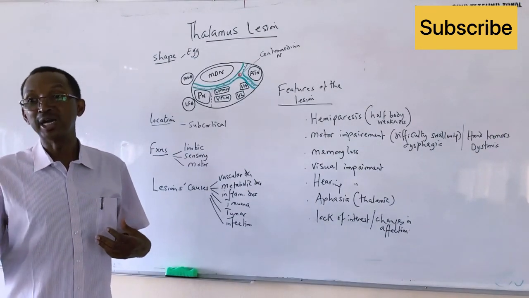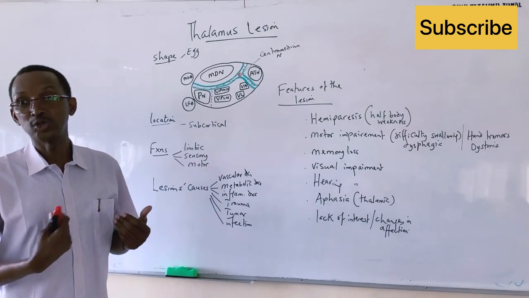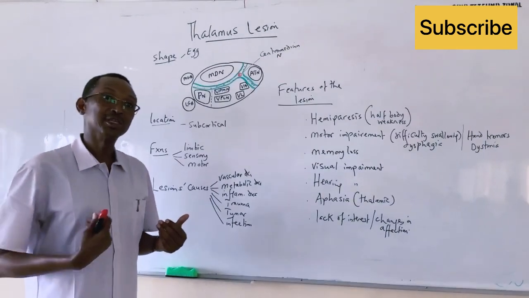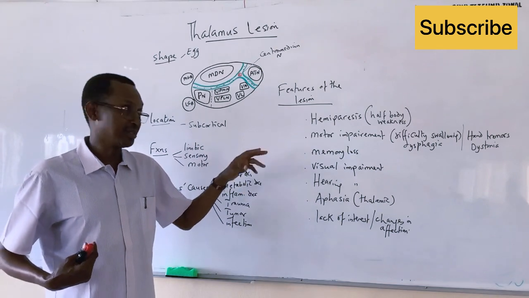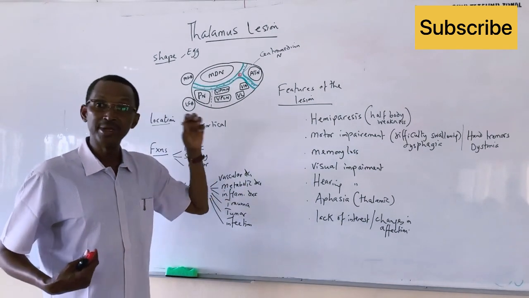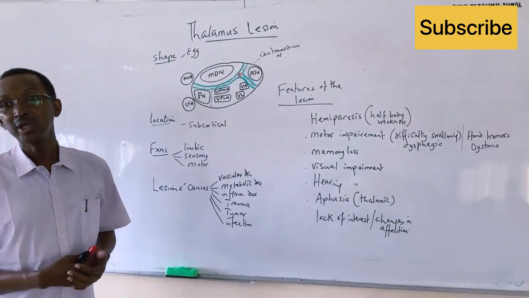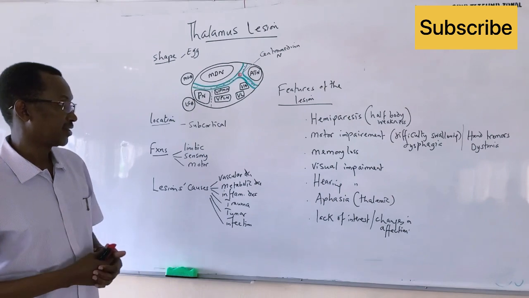Similar to what we observe in stroke. When somebody has a stroke, you have what we call hemiplegia, meaning one half of the body is paralyzed, but with thalamic damage or lesion, you only have hemiparesis, weakness of one half of the body, if it is one side of the thalamus that has been affected. You understand.